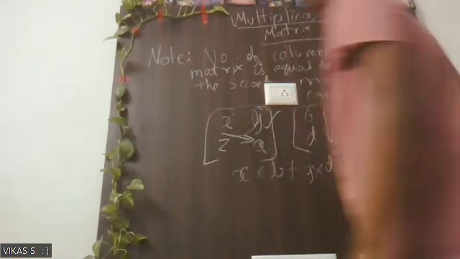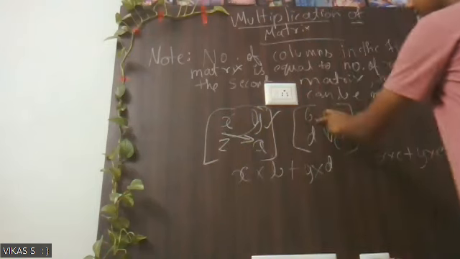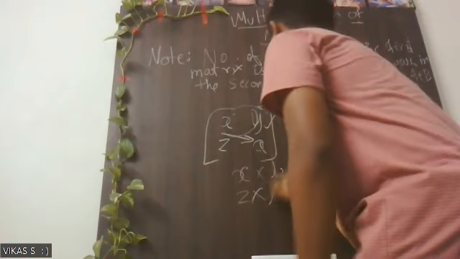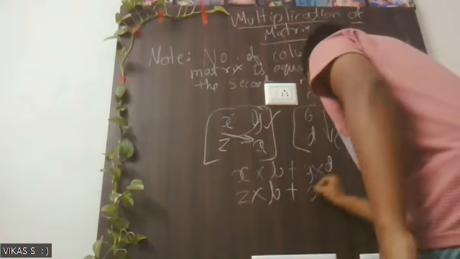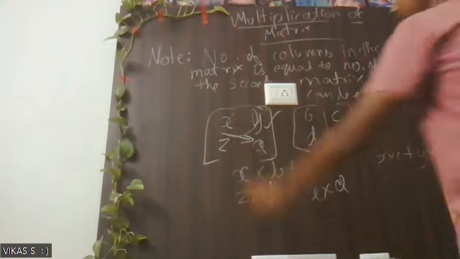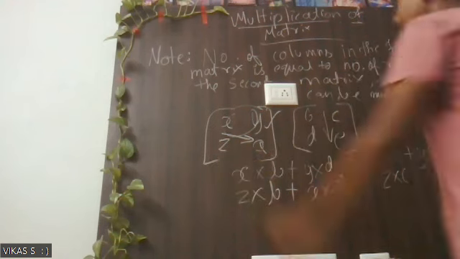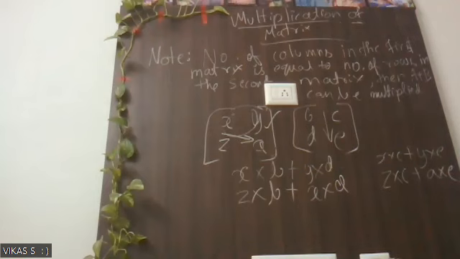Next we have Z again into B, Z into B plus A into D. Then Z into C plus A into E. Understood? So this is how multiplication works.